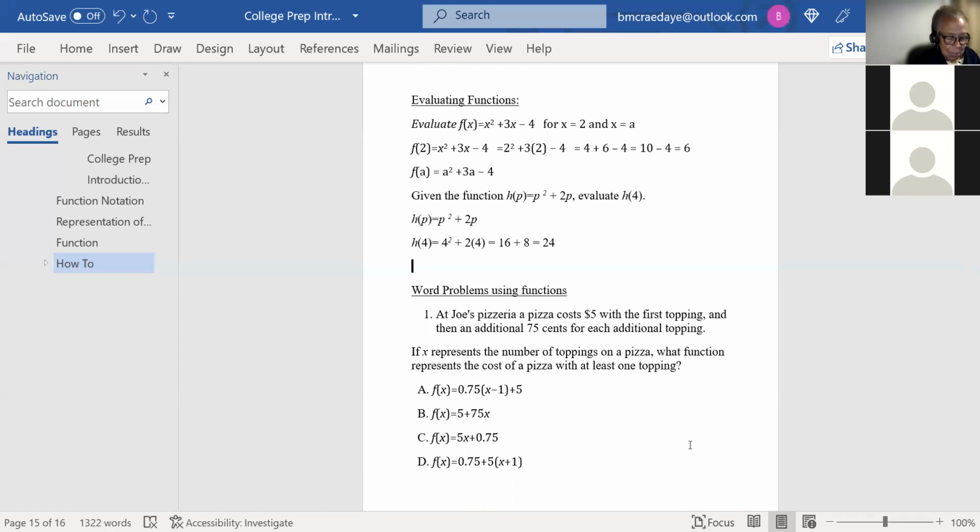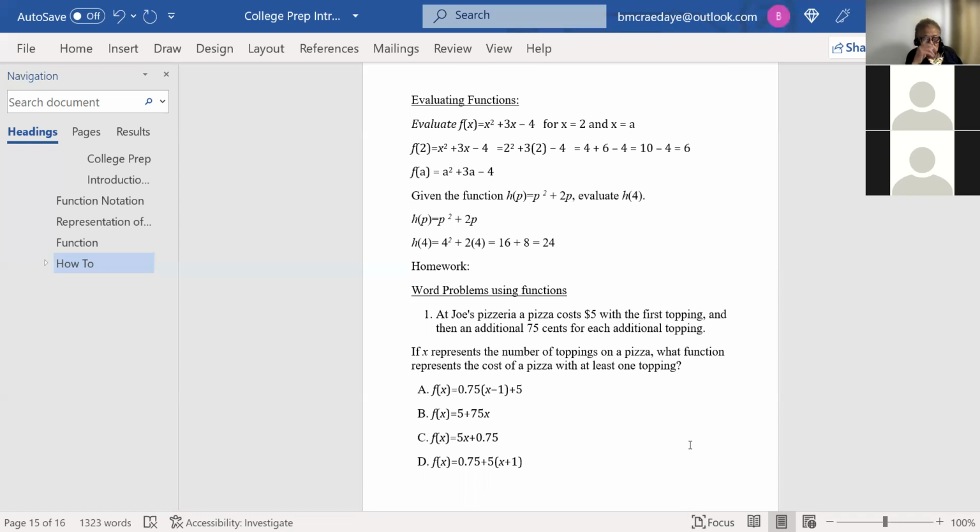So this is going to be homework, and it's just two problems. We'll go over it, but I just want you to try it, see how you do, okay? Along with these two problems, I'll give you an exercise in identifying whether something is a function or not a function.